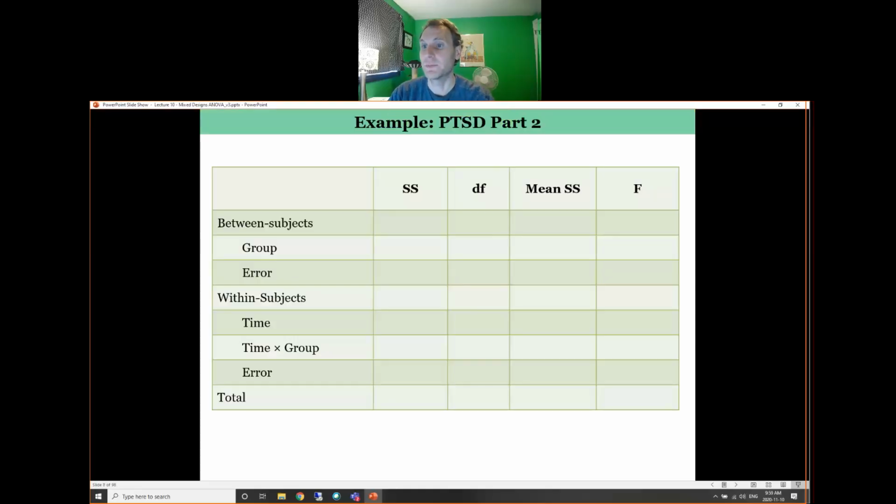So when we go to assemble our source table, it's getting a little bit more complicated now. We have lots of parts, but these parts correspond to that partitioning of variance. We're partitioning the total variance into first between and within subjects, and then from there we partition the between subjects into group and error, and the within subjects into time by group interaction and error.